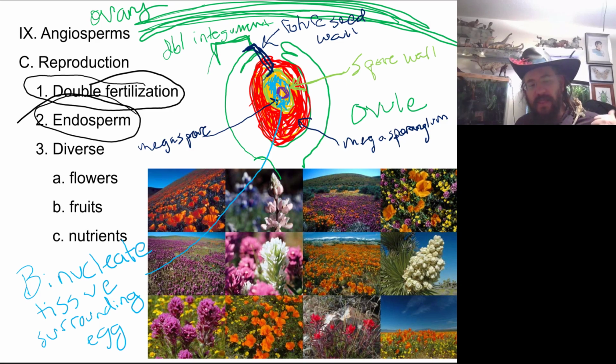Fruits, right? Those amp up protection of the embryo, and in a lot of cases have adaptations to aid in dispersal, whether it's stickers sticking to things, fun little flowing structures that help it float on the wind, or in a lot of cases, something tasty so that animals eat it and disperse. So they've got a really increased dispersal radius.